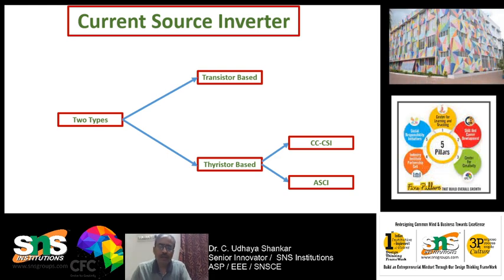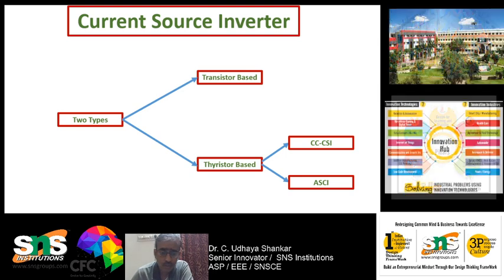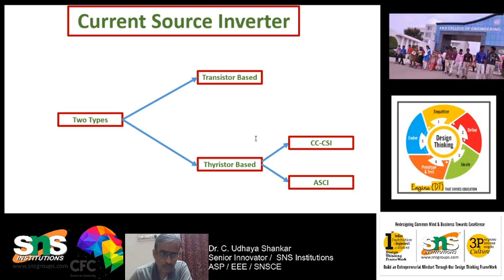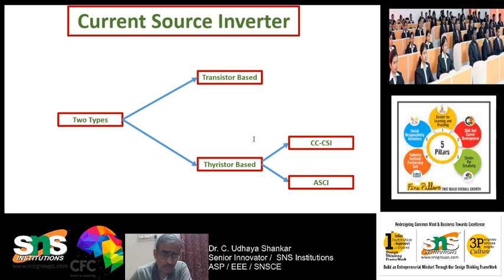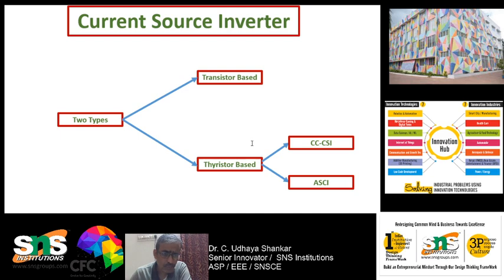So most industries which use inverters with high ratings, for example in the megawatt range, use the current source inverter, for controlling the output current and output power in case of high power.